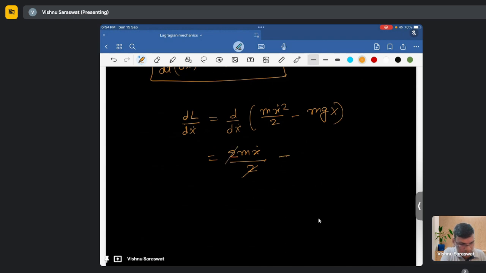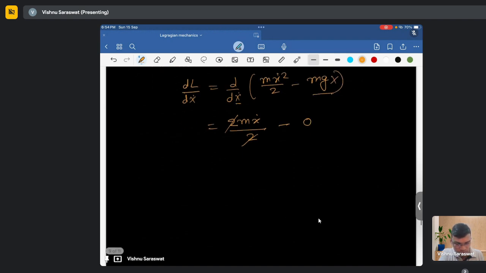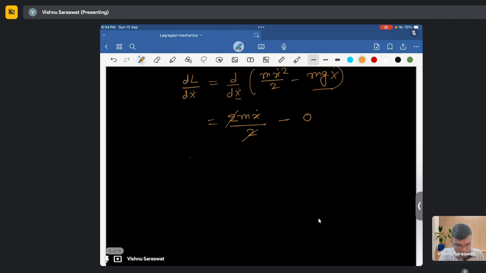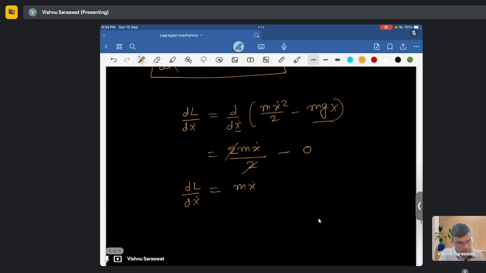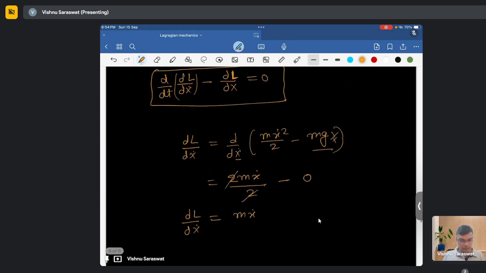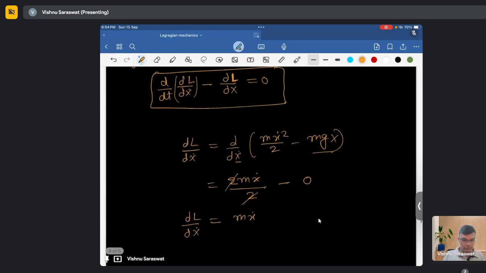And the second term is not a function of velocity, so it goes to 0. So now we got the value of del L over del x dot, the derivative with respect to velocity, as m x dot.